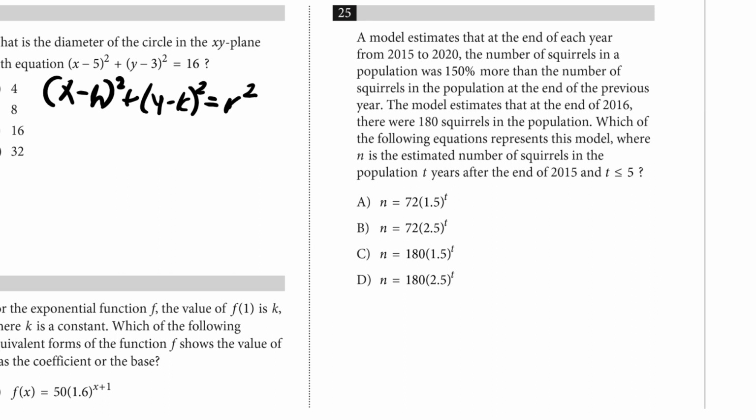So we find that r squared equals 16, which means that r is equal to 4. Now the question is not asking for radius, it's asking for the diameter. And we know that the radius times 2 equals the diameter. So we get that the diameter is 8.